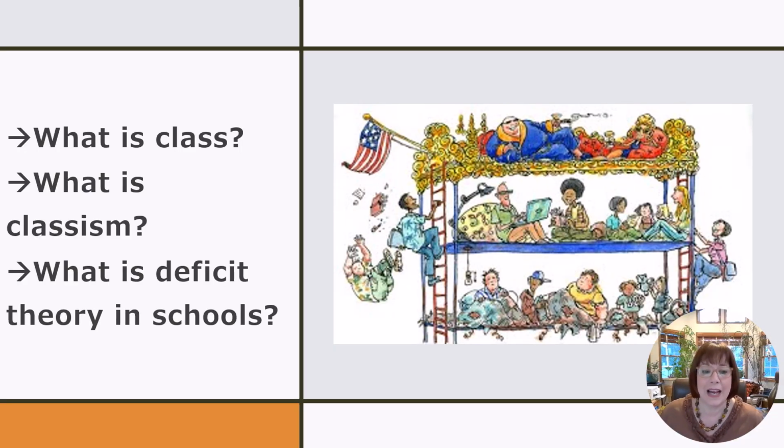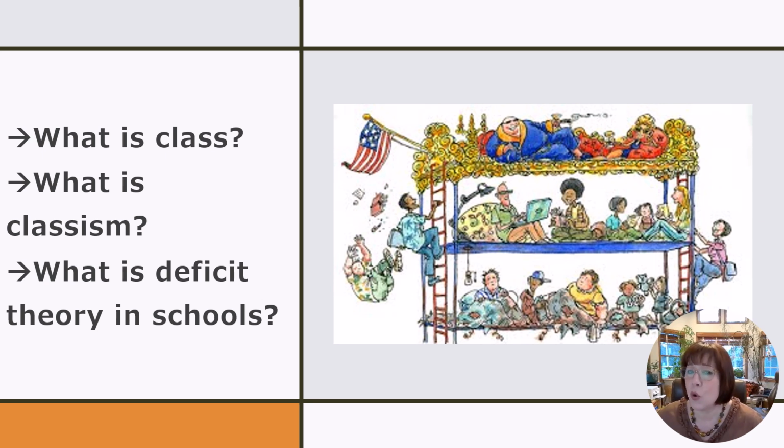So what is class? Class refers to one's social standing in relation to income, wealth, education, social status, and power. It encompasses broad groups of individuals who hold similar economic or social positions, influenced by factors like earnings, assets, education, occupational roles, skills, and influence within the economic or political systems.